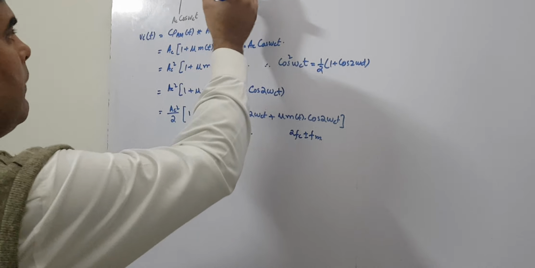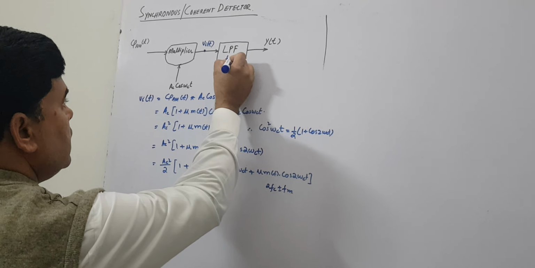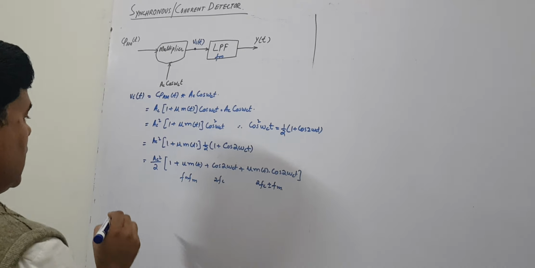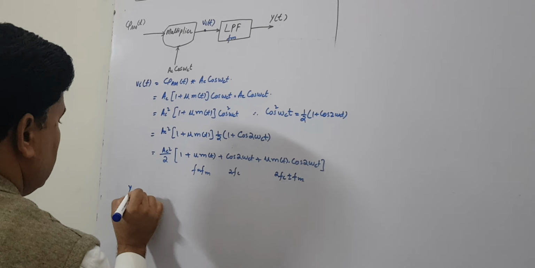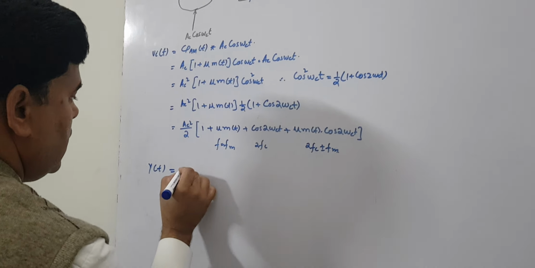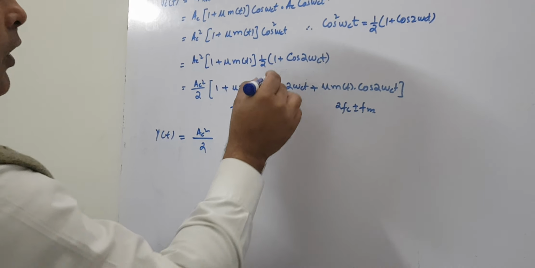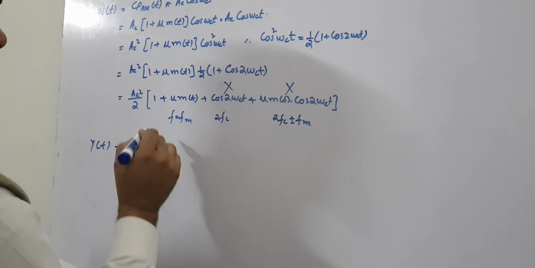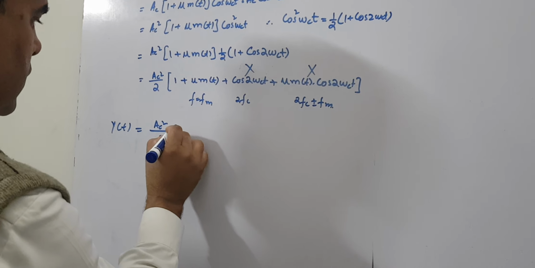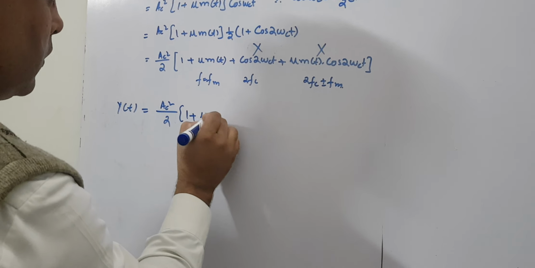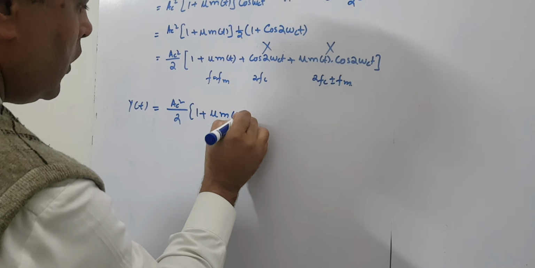We have a low pass filter whose cutoff frequency is fm, so only that signal can pass through. So it means that y(t) equals Ac squared by 2. It will block this one, it will block this one, and only these two signals can pass. So 1 plus mu m(t).